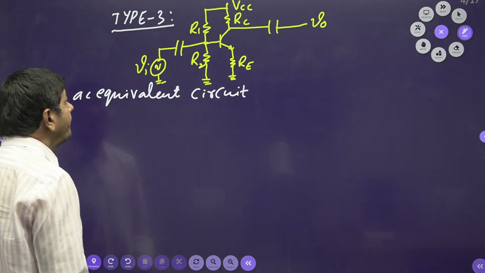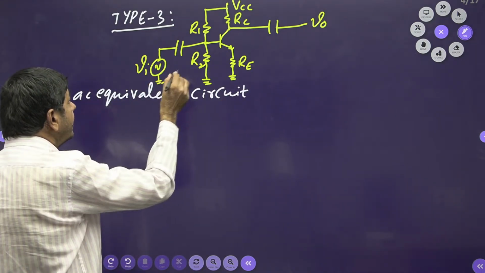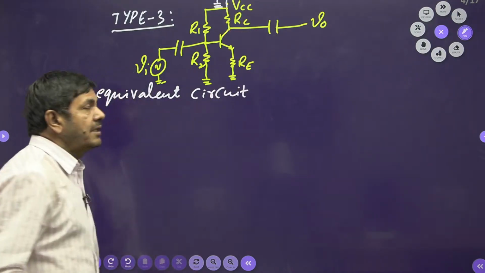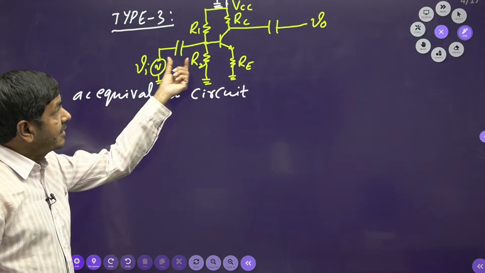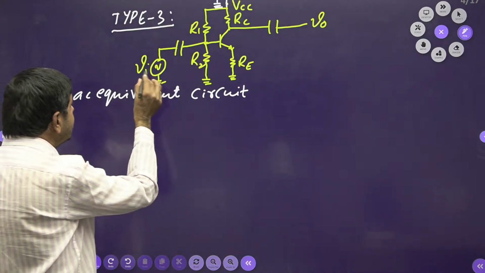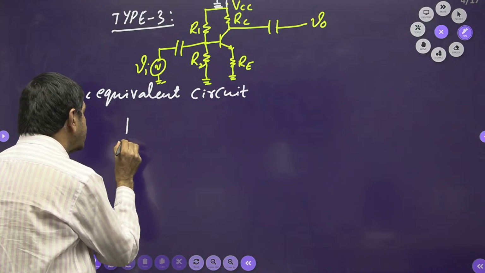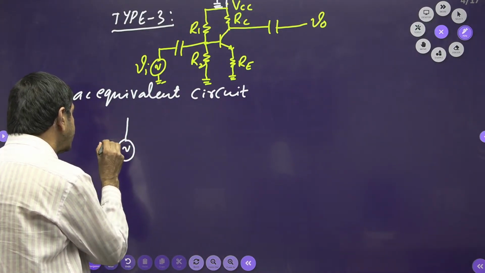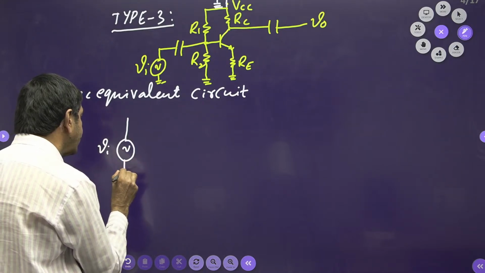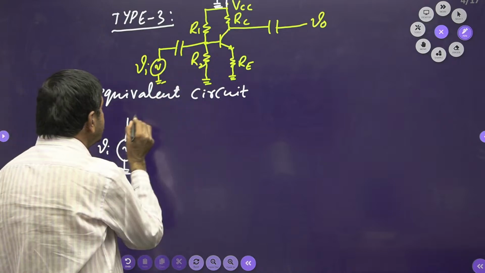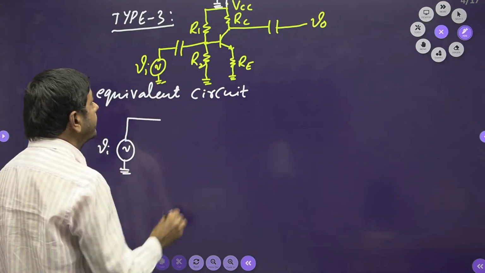How can we draw it? Wherever the DC supply is given, that must be shorted. Wherever capacitors are given, they must be shorted. The AC voltage source must be taken as it is. This is connected to the ground; this is shorted.